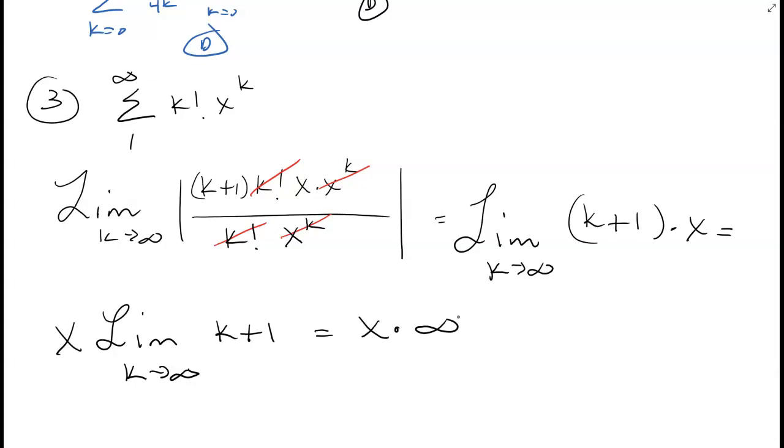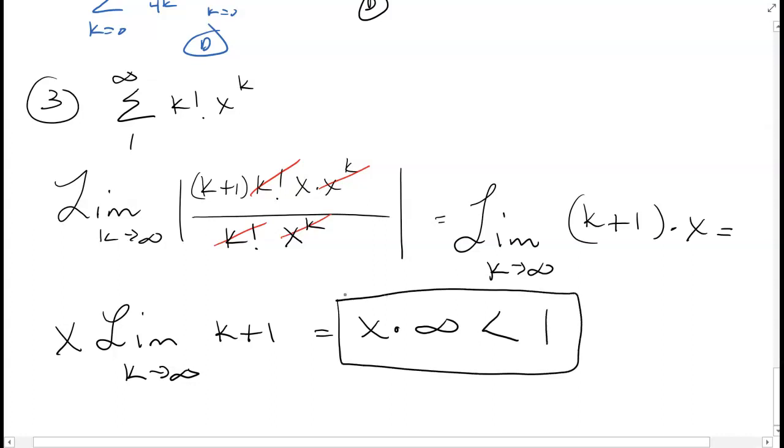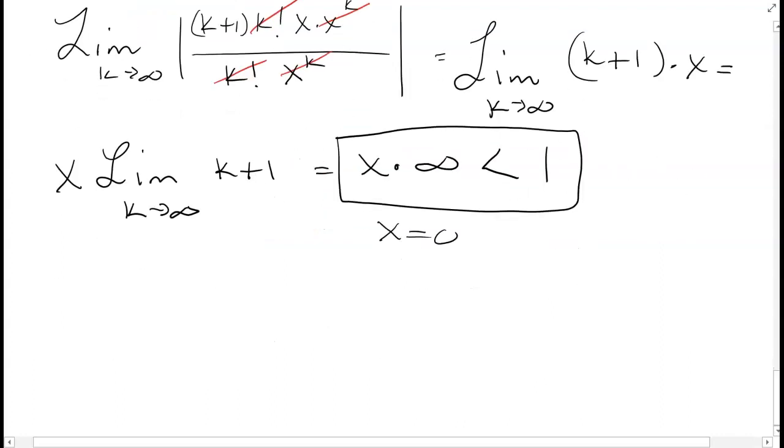So let's go back to recalling what we're testing for in a ratio test. We need to know, when will that be less than 1? Well, because this is infinity, the only number you can multiply it by is 0.